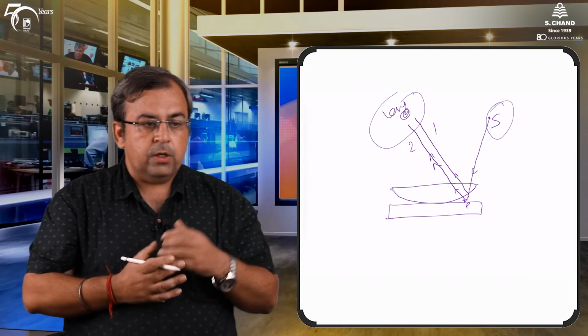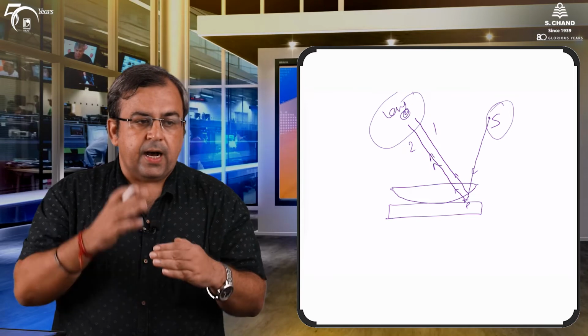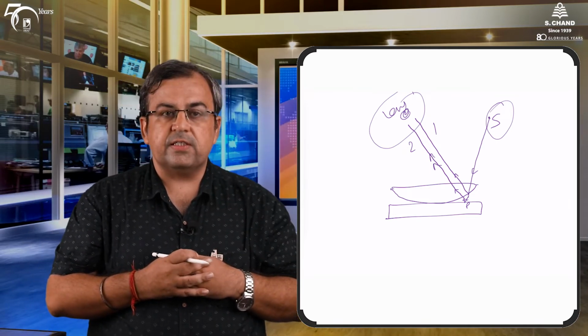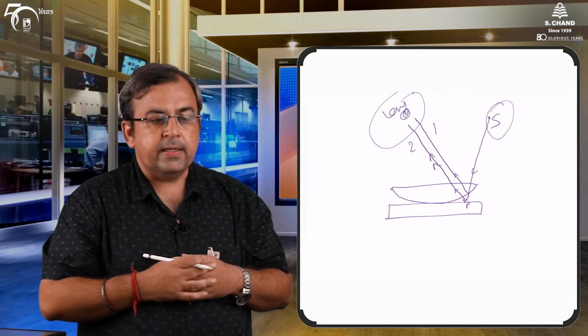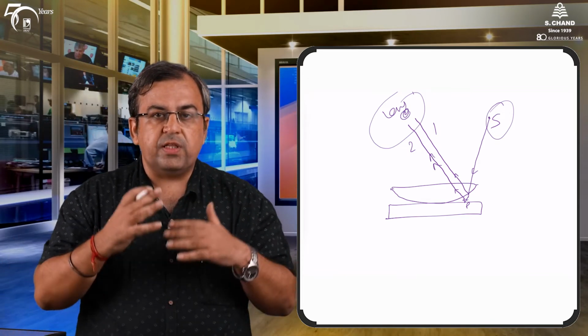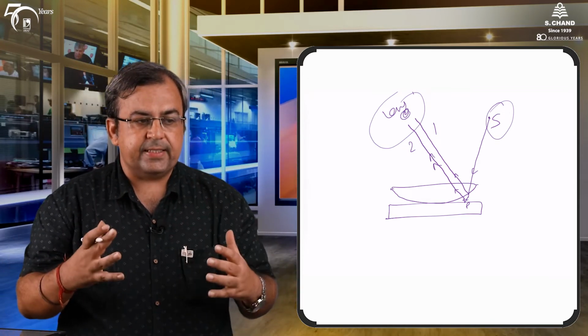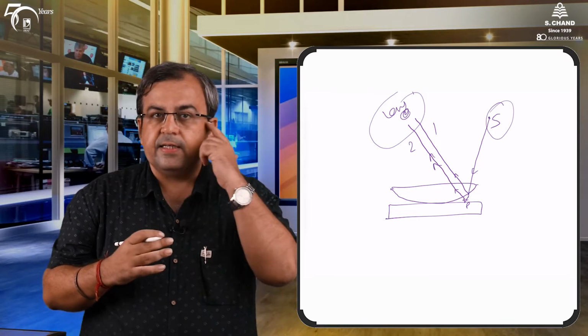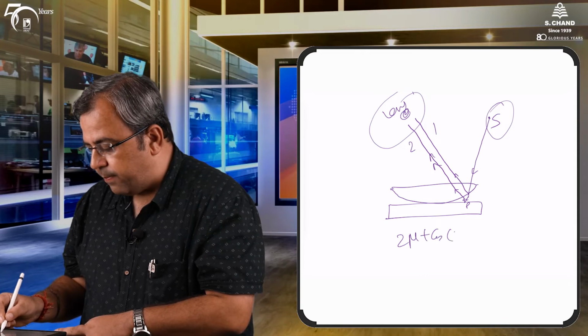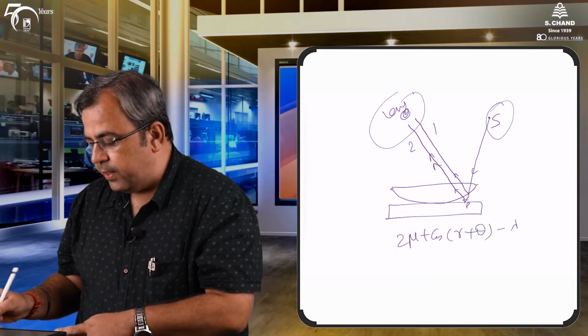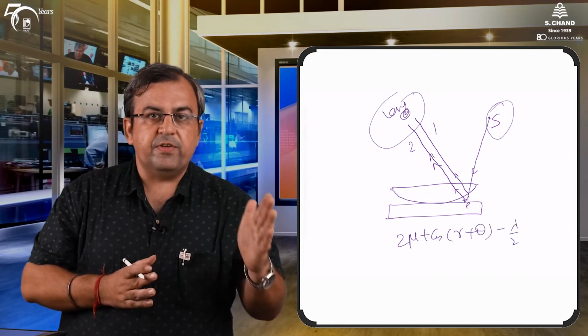Now rays 1 and 2 are the reflected and interfering rays corresponding to the incident ray SP, right. So the effective path difference between the interfering rays in the reflected light, which we had calculated earlier, was equal to 2 mu t cos(r + theta) minus lambda by 2. This is from the previous section which we had covered.